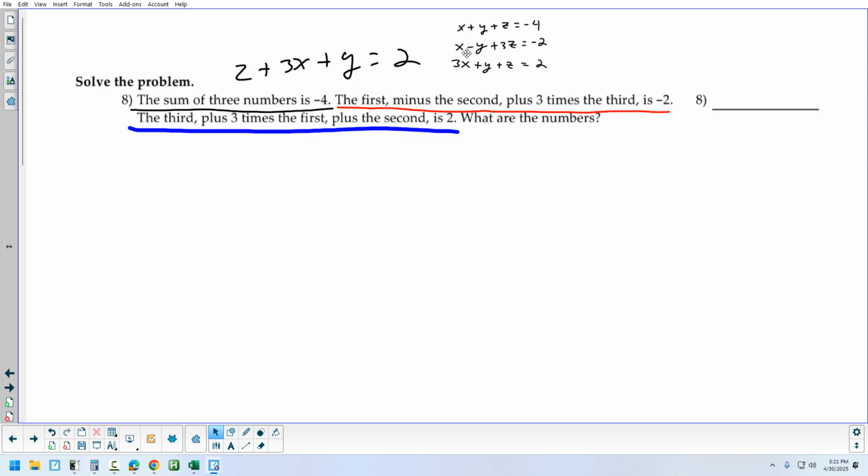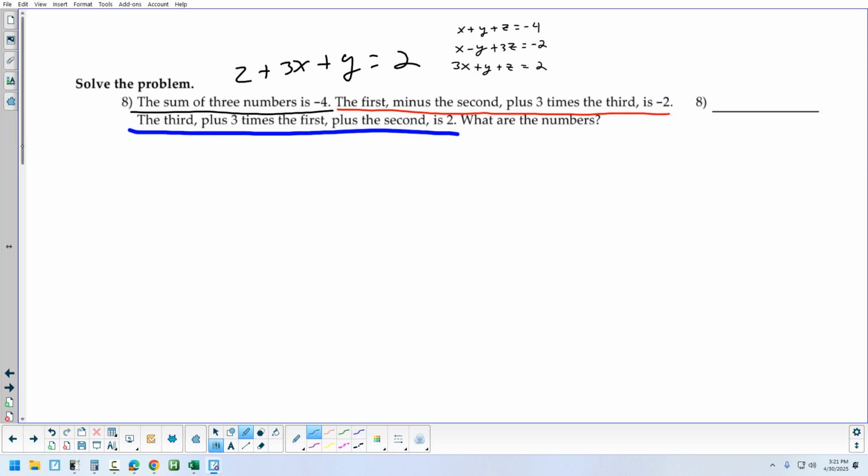What's gonna be the first row in my matrix? 1, 1, 1, negative 4. And then 1, negative 1, 3, negative 2. And my third row? 3, 1, 1, 2.